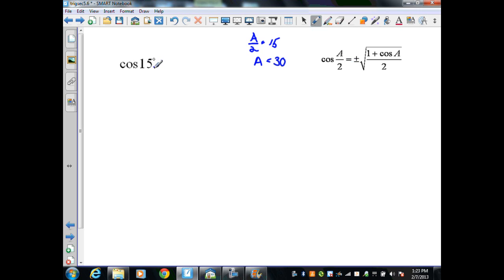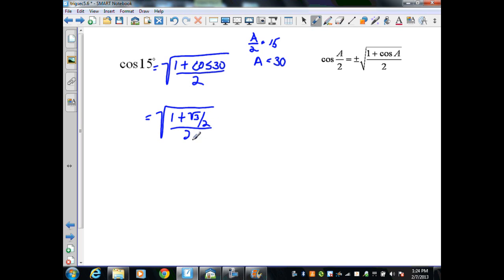Now I can just substitute into my half-angle identity, 1 plus cosine of 30 all over 2, which equals, simplify again, 1 plus cosine of 30 is the square root of 3 over 2, all over 2.